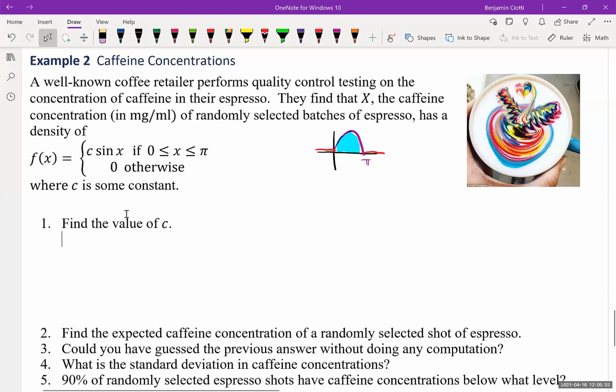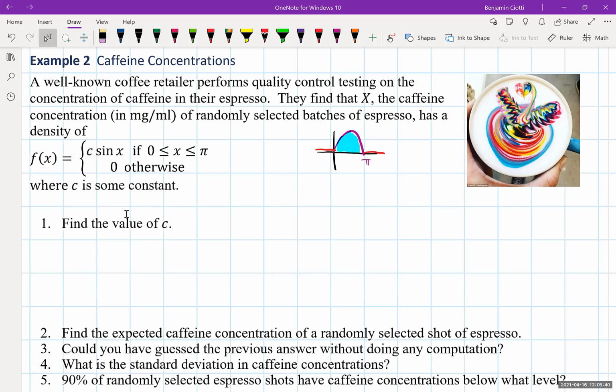So the integral of any probability distribution must be 1, always, by definition. That's the rule. So that allows us to determine what c must be. So we set 1 equal to the integral of this probability distribution. This is called normalizing, by the way.